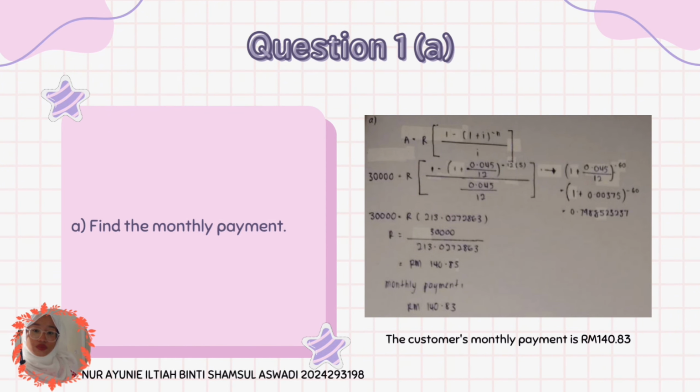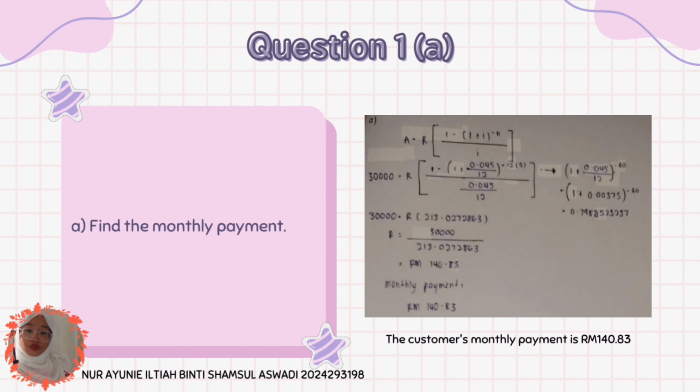For this question, the formula that we will use is the present value of an ordinary annuity. The formula is A equals R open bracket 1 minus open bracket 1 plus i, which is k over m, close bracket to the power of negative n over i.